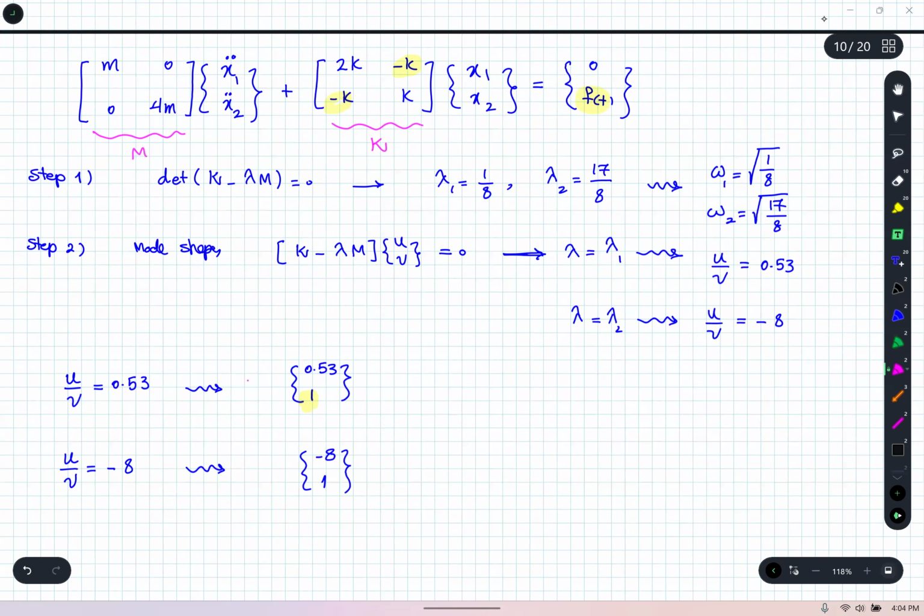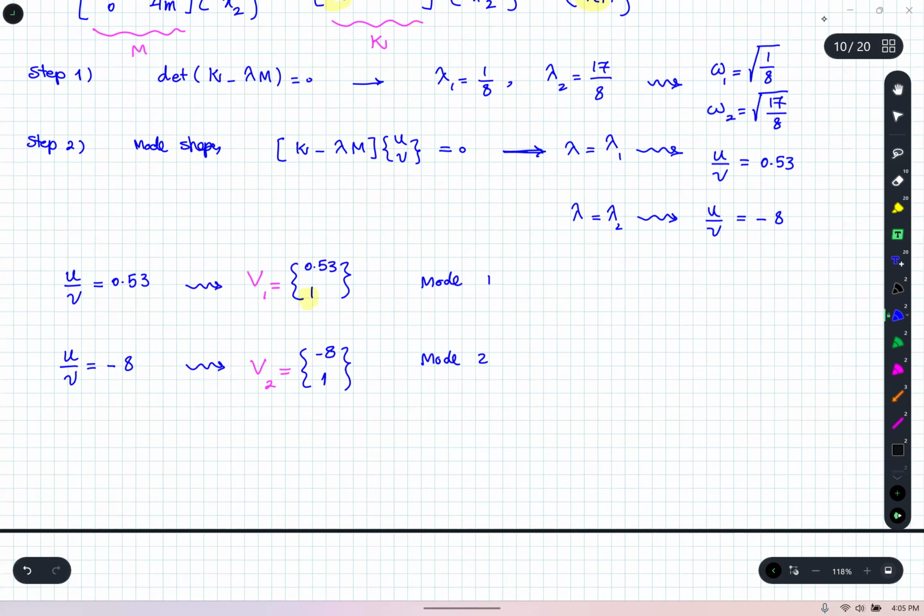We call this one vector 1, I'll show it with uppercase V1, and this one V2. We say this is our mode 1, and this is our mode 2. Next, I need to normalize these values. There are different ways to normalize them.